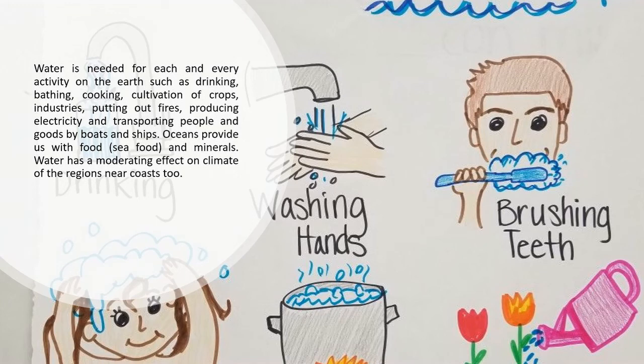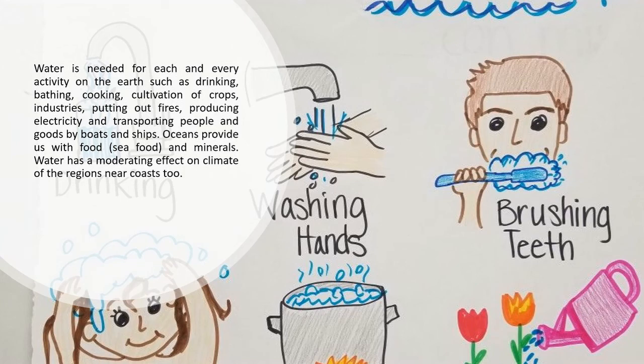For all these purposes, we use water. Other than that, oceans provide us with food, seafood. From the oceans, we get seafood, fish and all, and minerals like petroleum, oil. Water has a moderating effect.